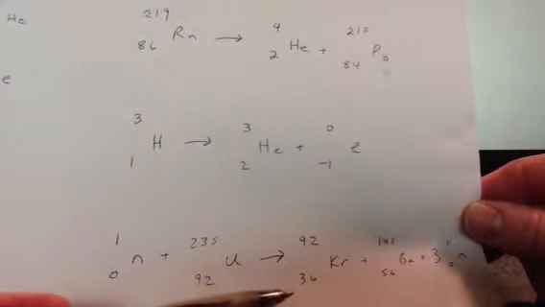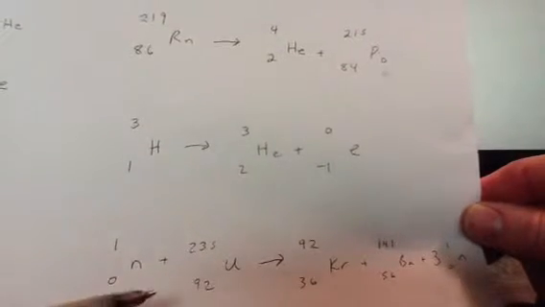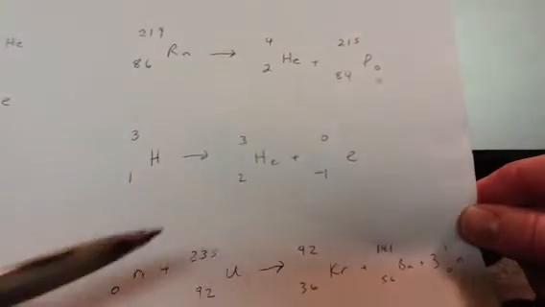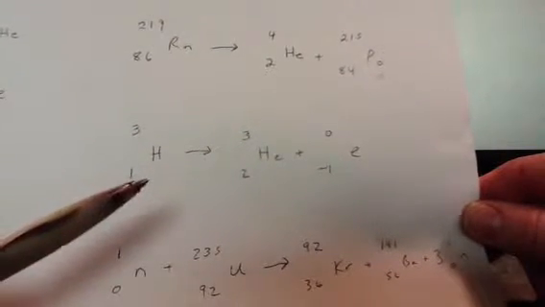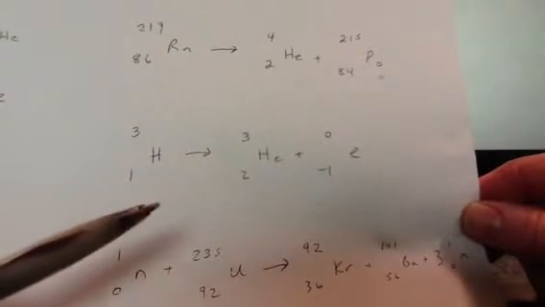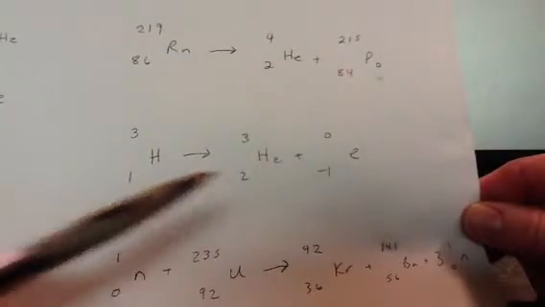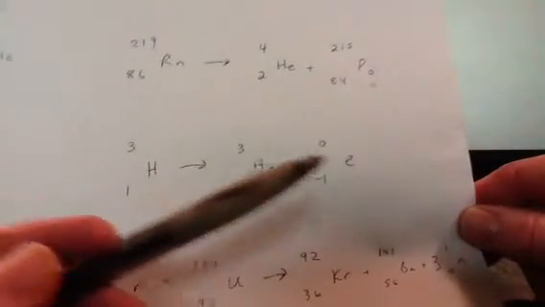And then on the bottom side, 36 plus 56 equals 92, and that equals 92. So again, the atoms on the left and the right are equal. In a problem, like for this example, you'd be given 2 of the 3 numbers. You'd have to find the third element, or subatomic particle.